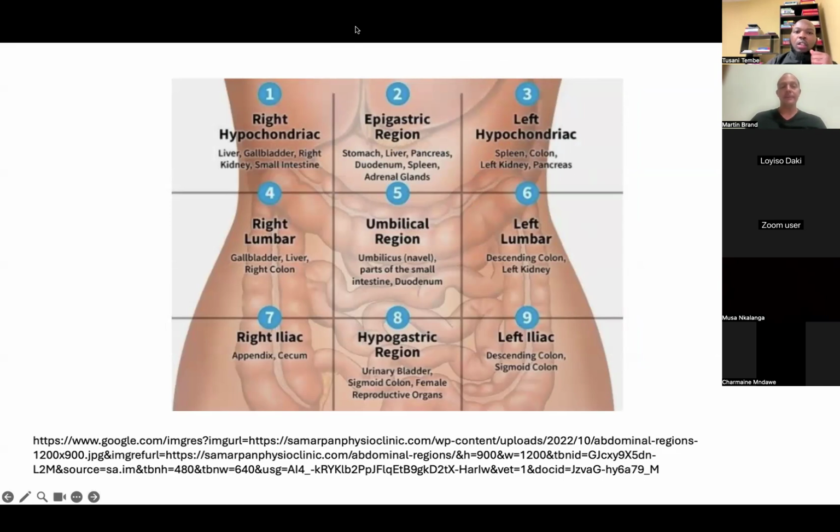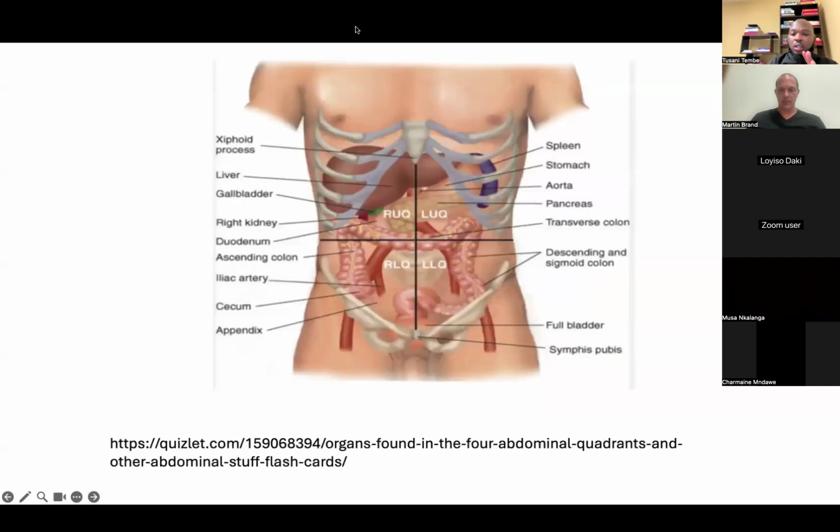Okay, all right. So, Prof, you said in the assessment, based on the quadrant, one can get a clue, based on the history and physical examination, of the direction of the diagnosis or the differential diagnosis.